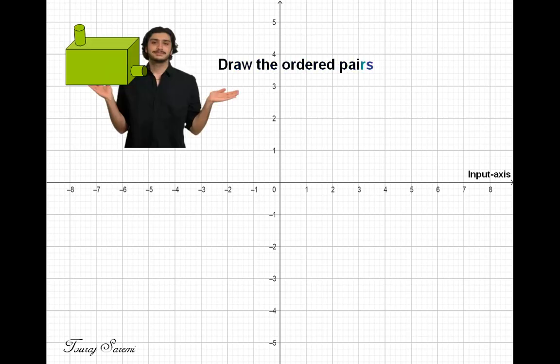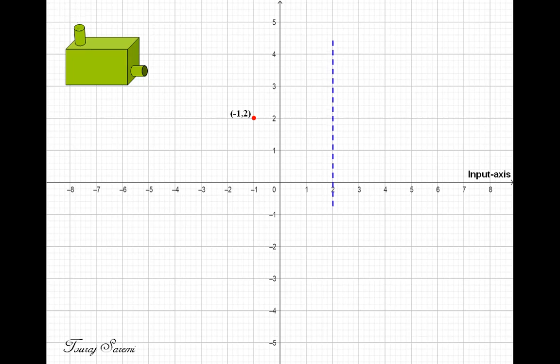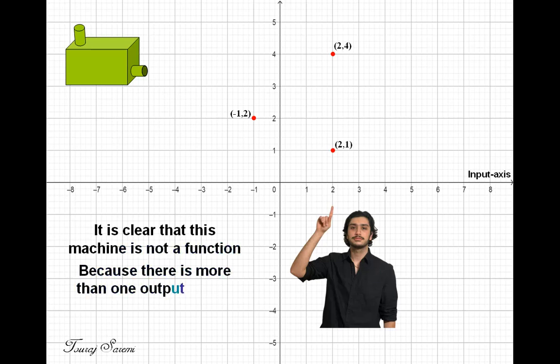Draw the ordered pairs of this machine. It is clear that this machine is not a function, because there is more than one output for the input 2.